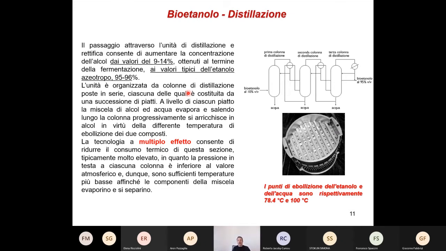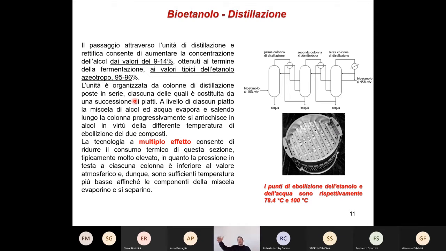Okay, but this methodology, distillation, can only reach 95–96% concentration of ethanol, because there is an azeotropic level that prevents moving towards 100%.